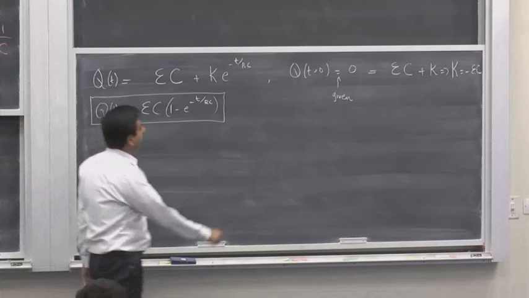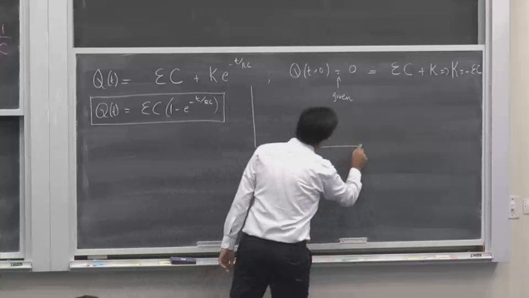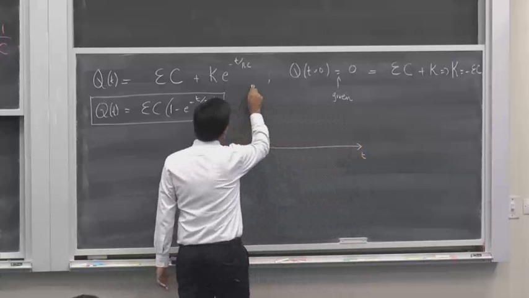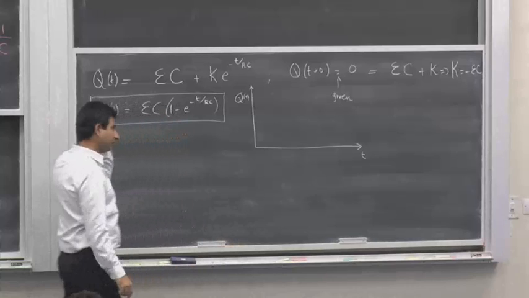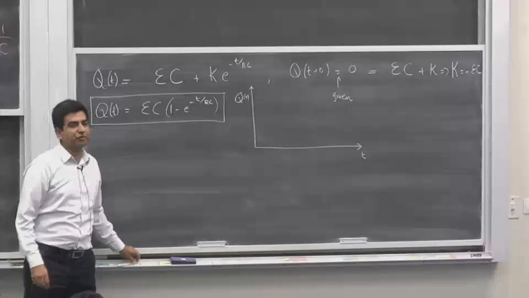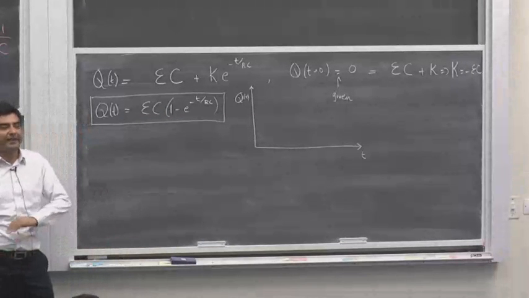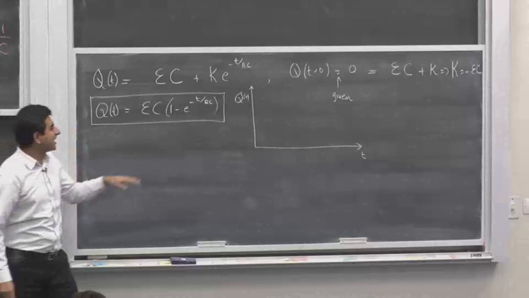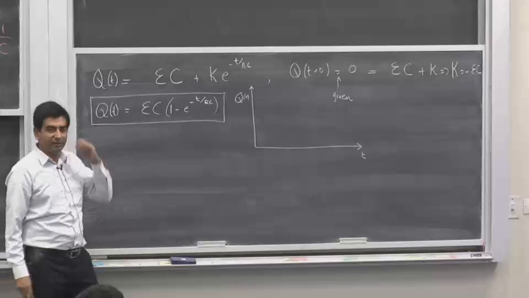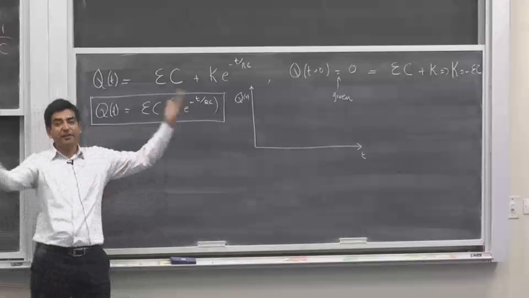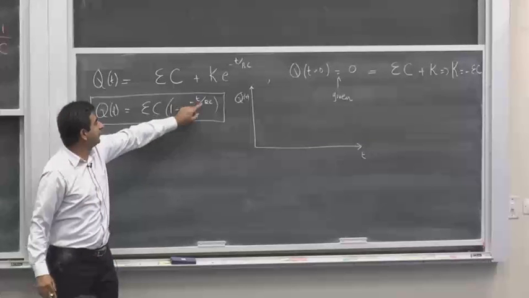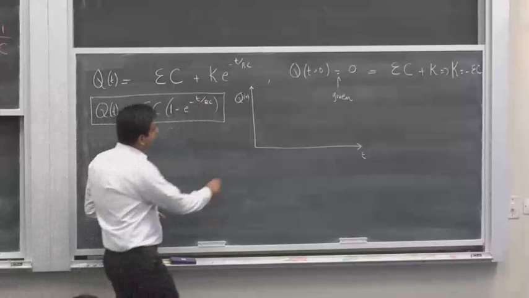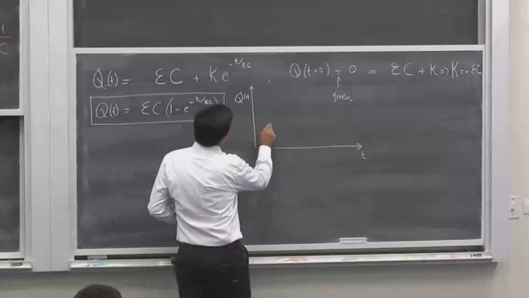Now I can plot this as a function of time: time, and the charge on the capacitor. What is this plot going to look like? An exponentially rising curve. At time t equals 0, this is 0, and it will rise up. After a large period of time, the exponential term goes to 0, and the charge goes to some value.